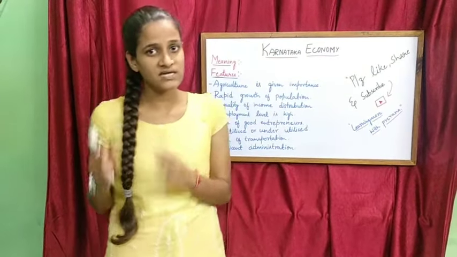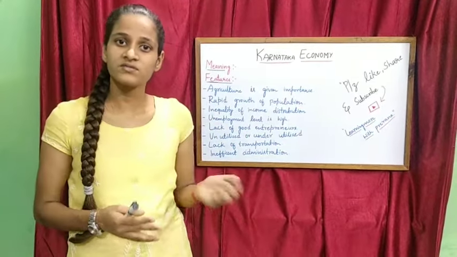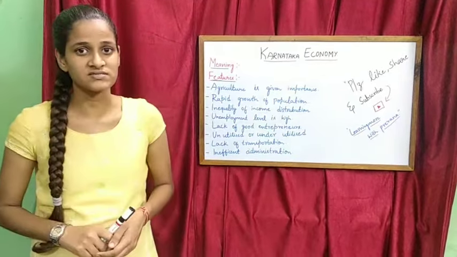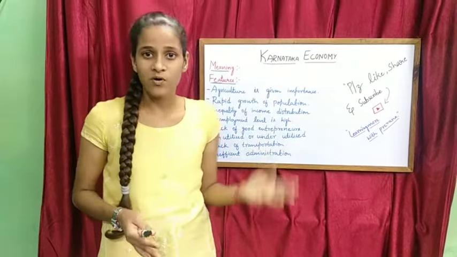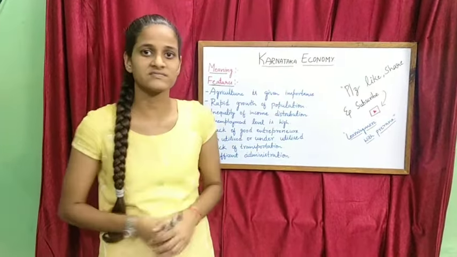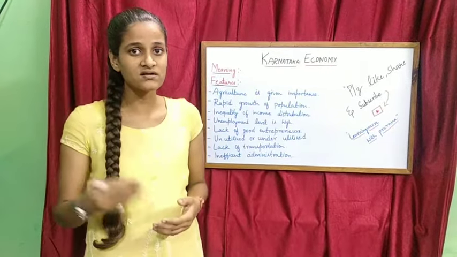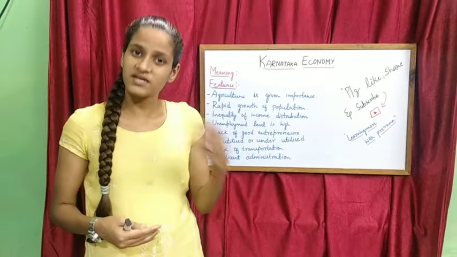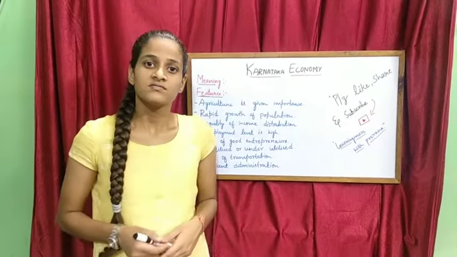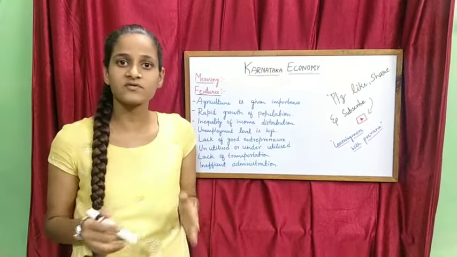Next, in the secondary sector, almost 18% of the population depends on industries or manufacturing sectors, which include small, medium and large industries. Then the tertiary sector, the third sector, is also called the service sector. 25% of the population depends on the tertiary sector for their livelihood.